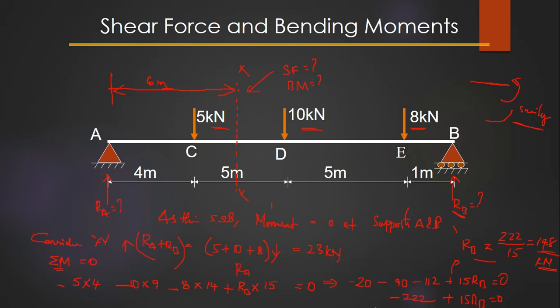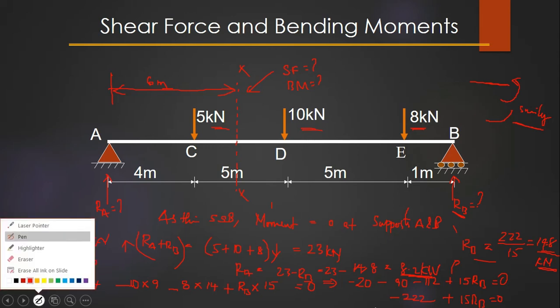So RA is equal to 23 minus RB, which is 23 minus 14.8. So you are going to get something like 8.2 kilonewton as the reaction. Okay, isn't it? So this is simple. It is very simple to calculate these reactions over here.